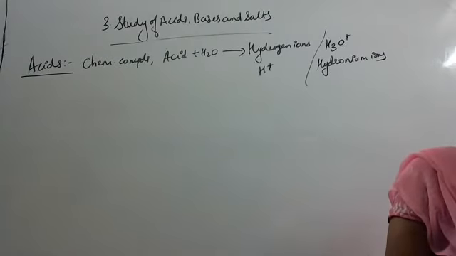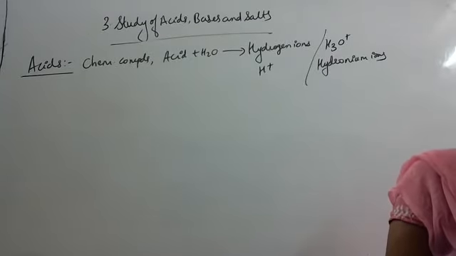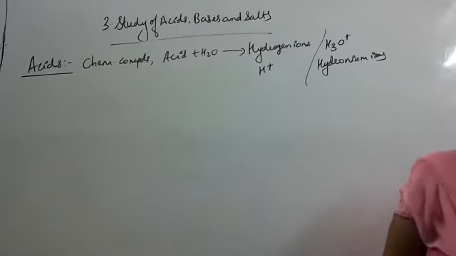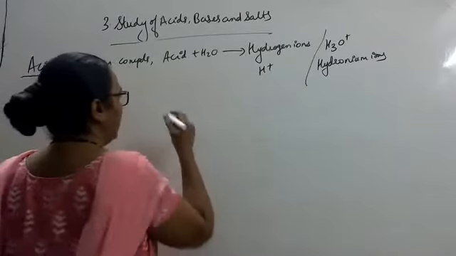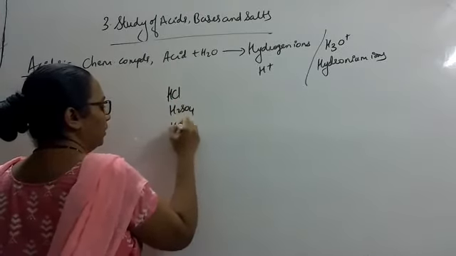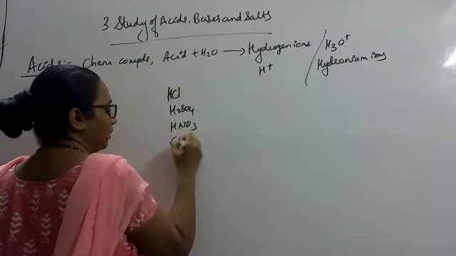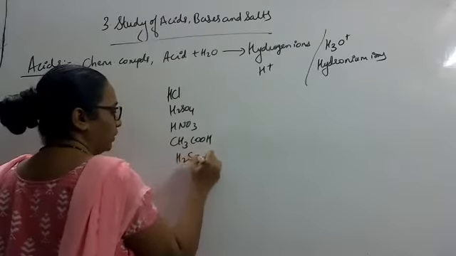And all the commonly used acids compulsorily contain hydrogen. We have seen many examples: HCl, H2SO4, H2CO3, CH3COOH, H2SO3.